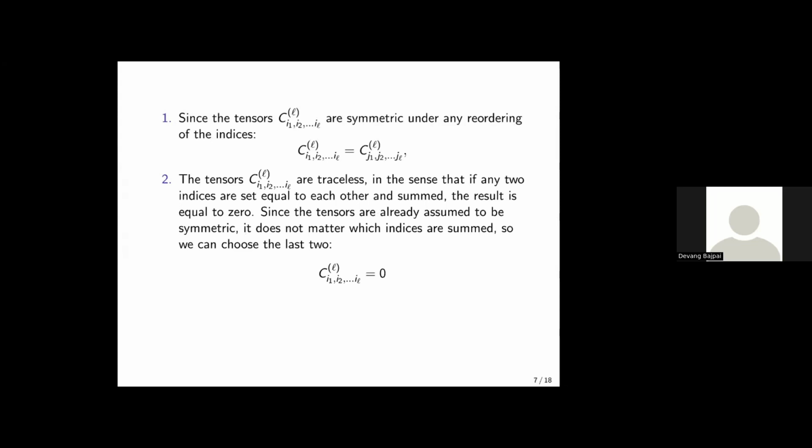Now, to explain why this restriction on the Cs does not impose any restriction, I will use the example of a rank 2 tensor. But you can easily see that the same argument applies for all kinds of L. Here the rank 2 tensor is symmetric, which makes no difference on the right hand side if we impose this restriction, because this tensor is multiplied with the unit vectors, as you have seen in this equation.